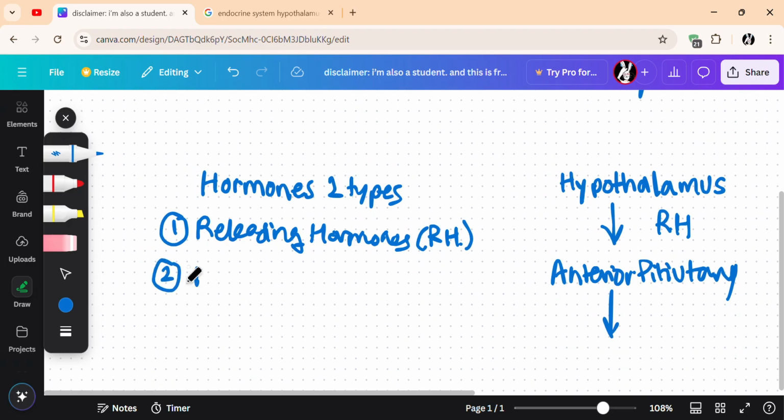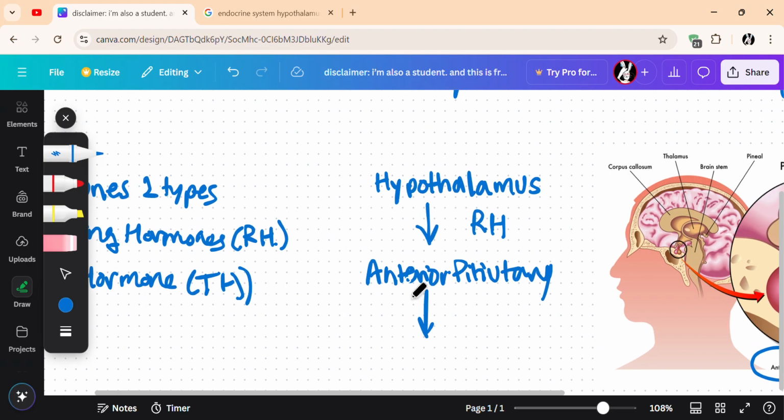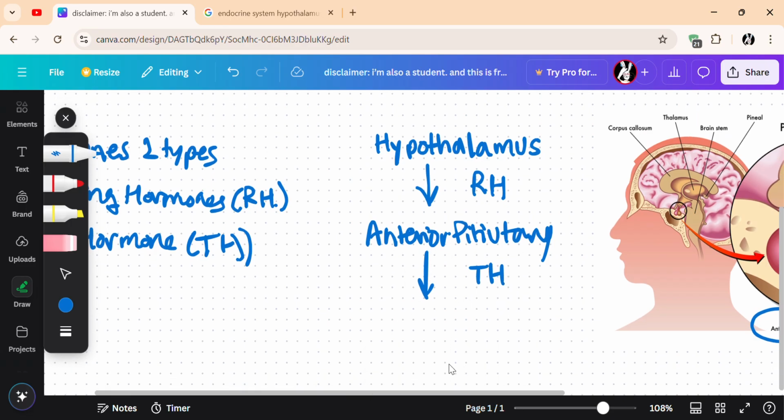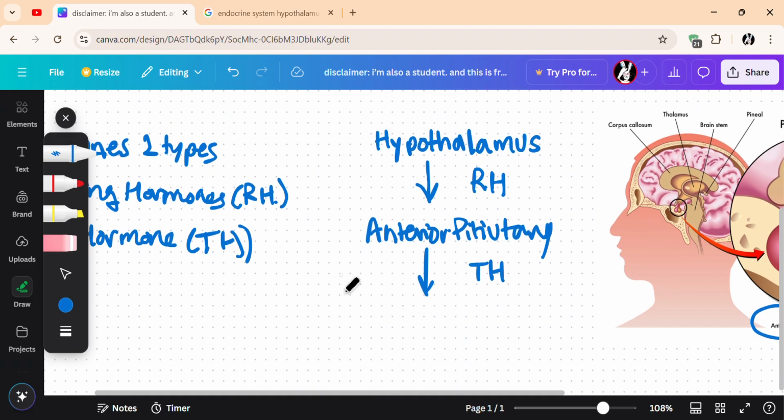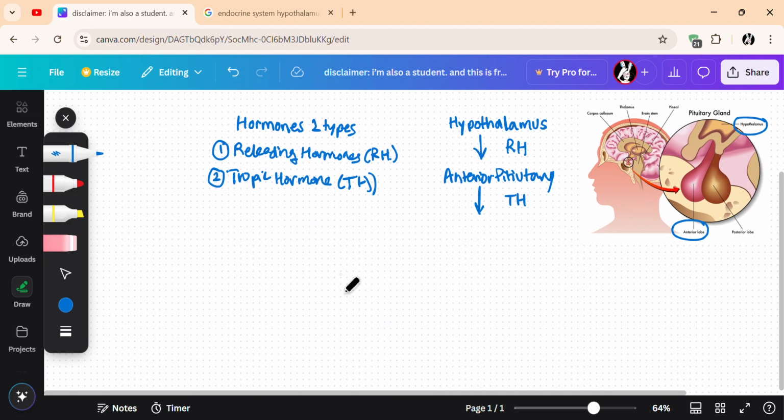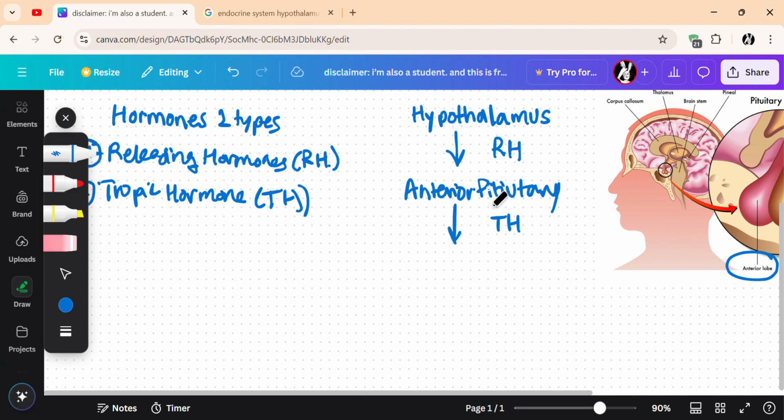On the other hand, we have tropic hormones, which I'll abbreviate as TH. These go from the anterior pituitary to whichever system is in the body. So you can think of the hypothalamus as controlling the anterior pituitary, which is considered the master gland, which will communicate with all other body parts.